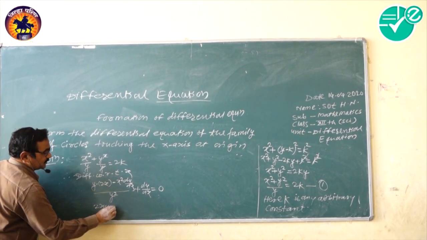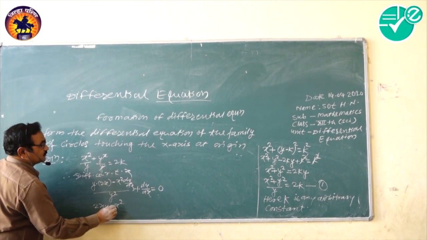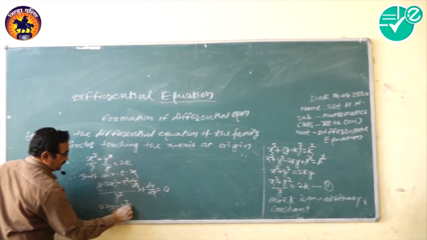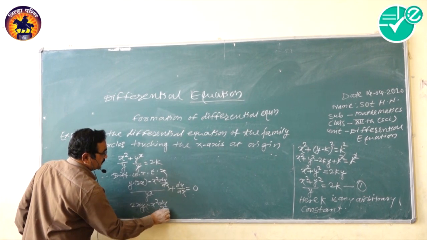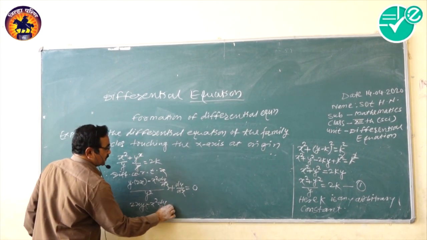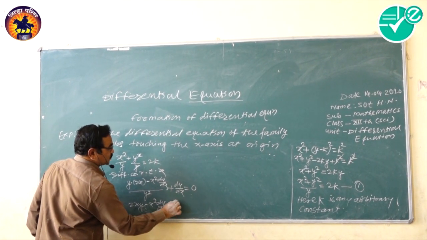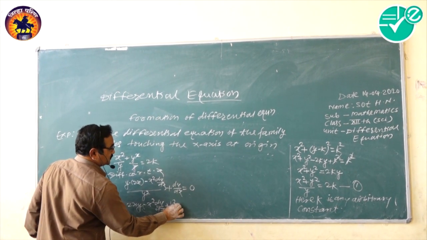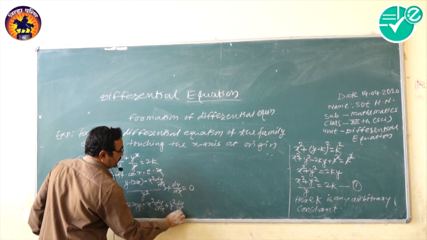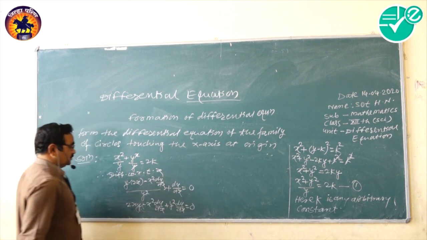So 2xy minus x square plus y square into dy by dx equal to 0.